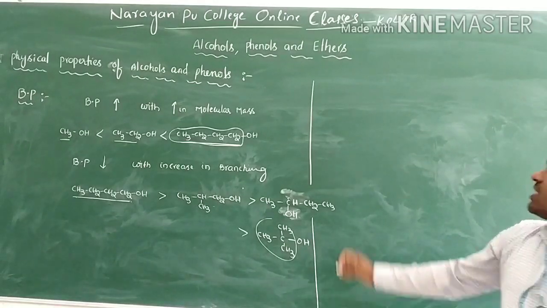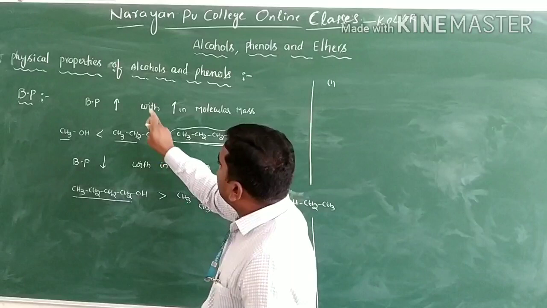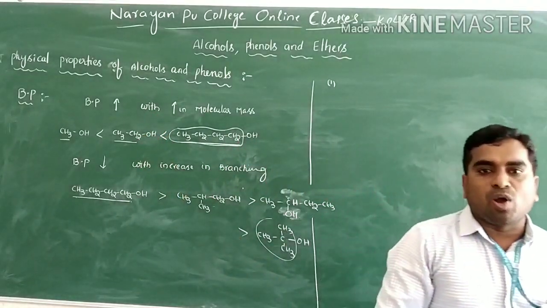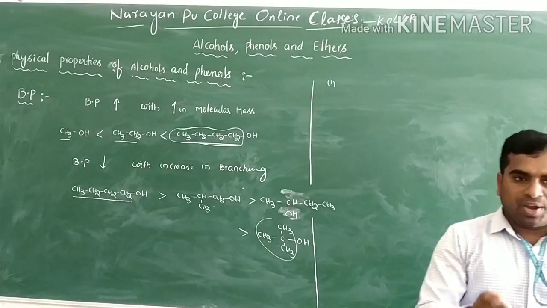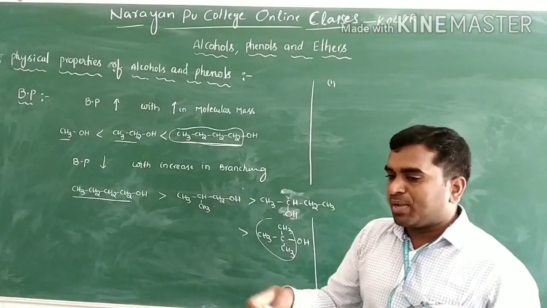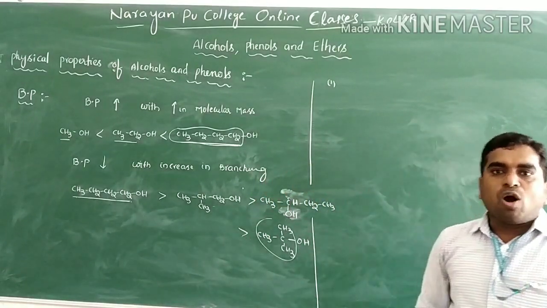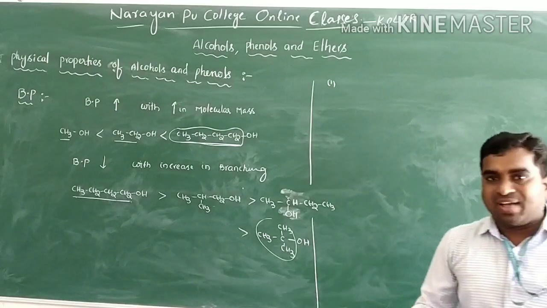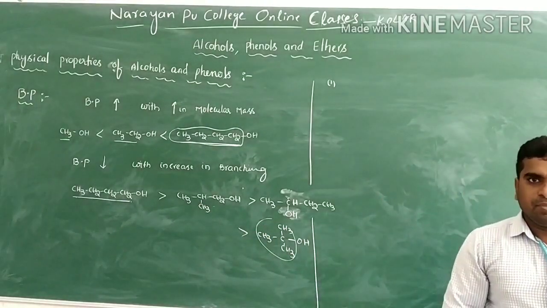Okay? Why? Because the OH group present in the alcohol and phenol is involved in intermolecular hydrogen bonding. Very, very important. Sometimes they will ask the question in the PU examination also. Why do alcohols have higher boiling points than other molecules, like hydrocarbons and ethers?